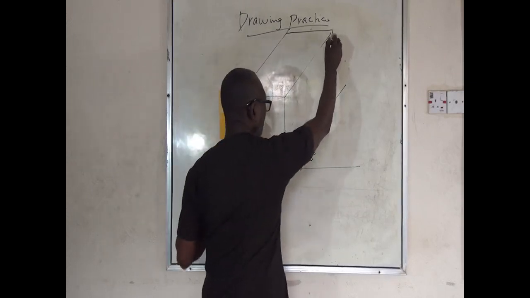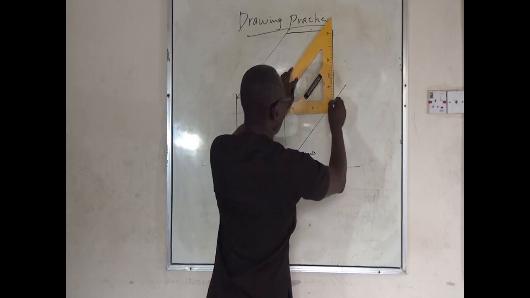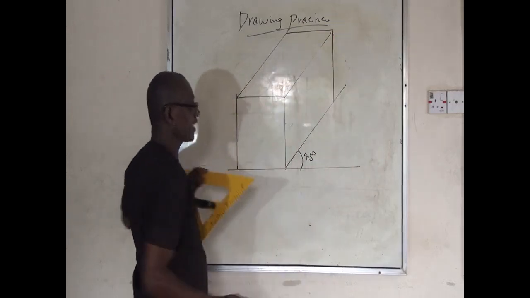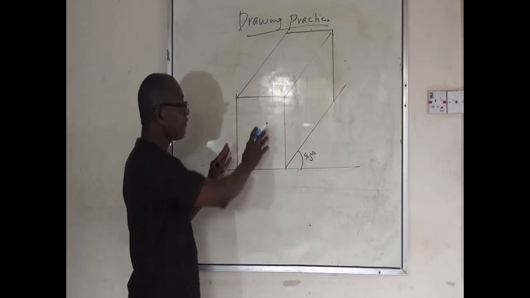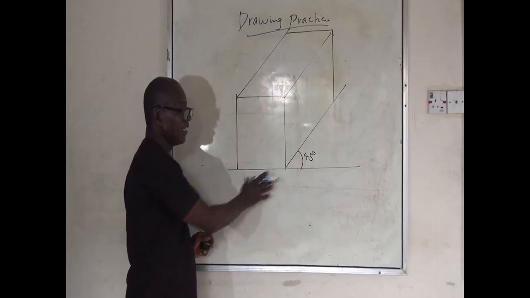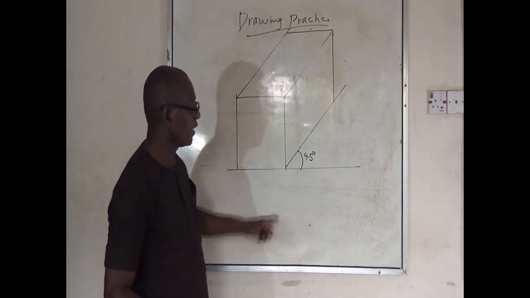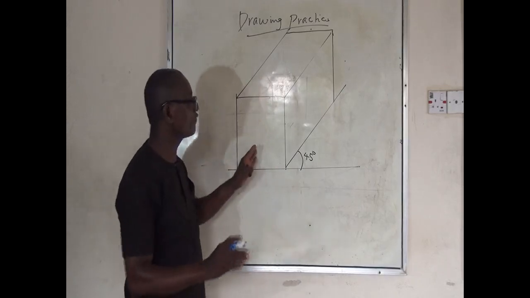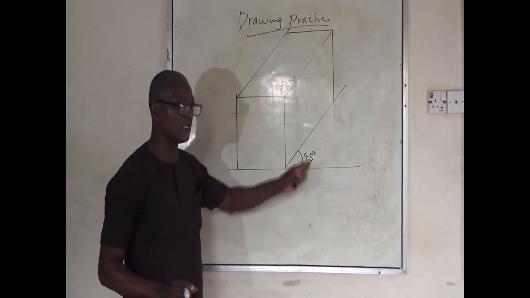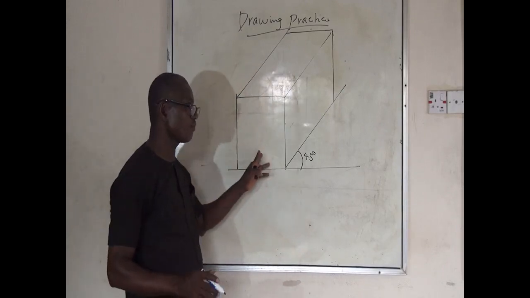And then this other line has to be parallel to the vertical. So you can now see that we have the box there. So one of the faces has to be parallel with the viewing plane or the horizontal plane. So we see the difference between the isometric drawing and the oblique drawing.